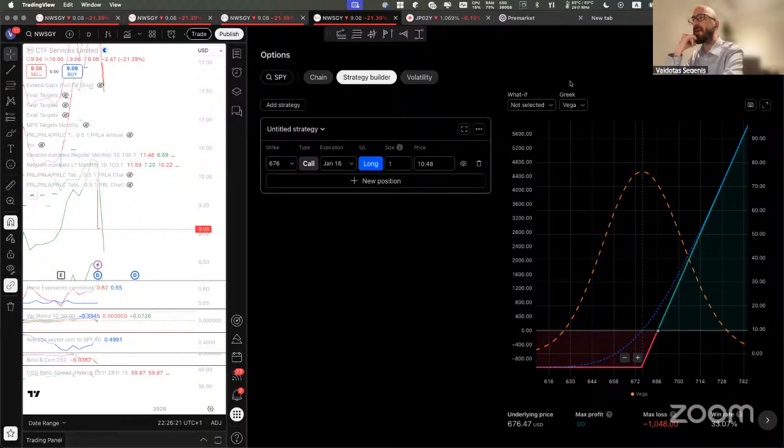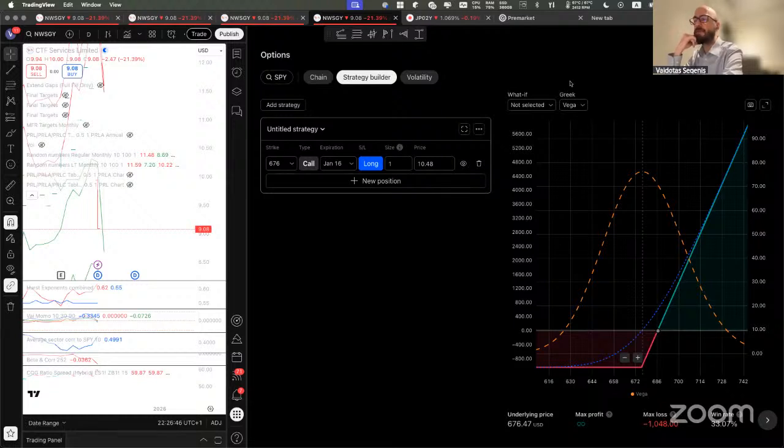Of course, there is one problem with being long calls or puts outright without creating other structures, is that even if you are right, but underlying doesn't move a lot. Let's say you buy a call of 676 strike, but you paid $10 for it.